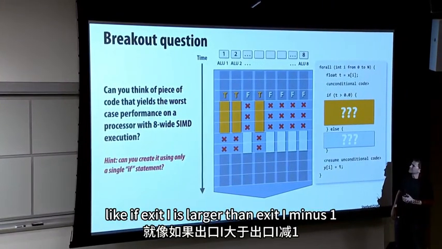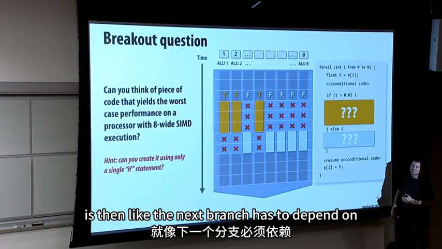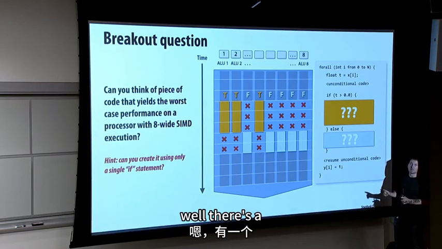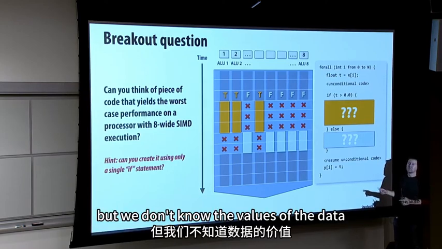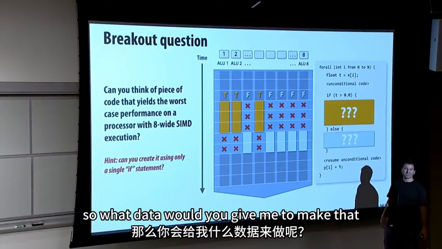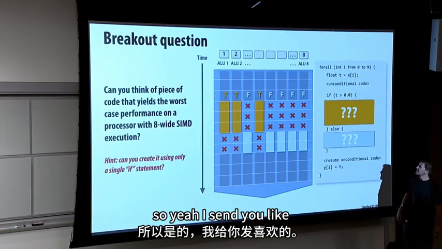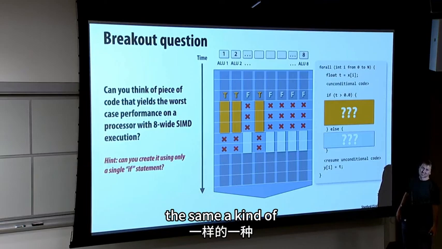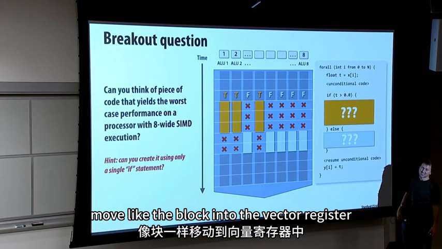Should you modify it to like if x at I is larger than x at I minus 1, so the next branch has to depend on the previous branch? There's no dependency, well, there is, but we don't know the values of the data. So what data would you give me to make that? I was thinking you can do the same kind of thing, where you load the block into the vector register.